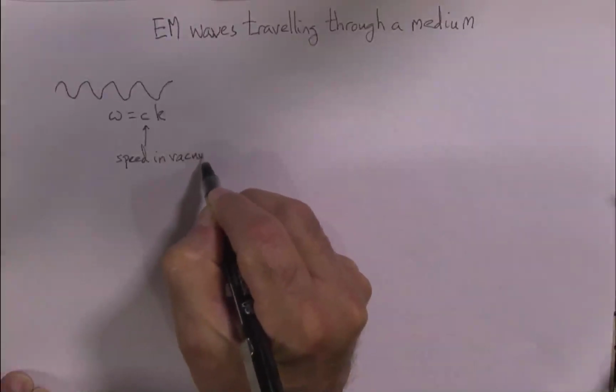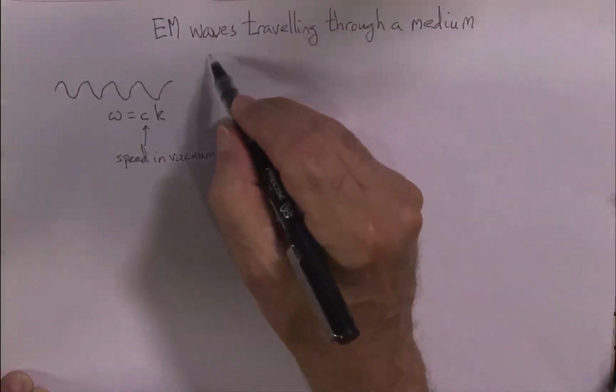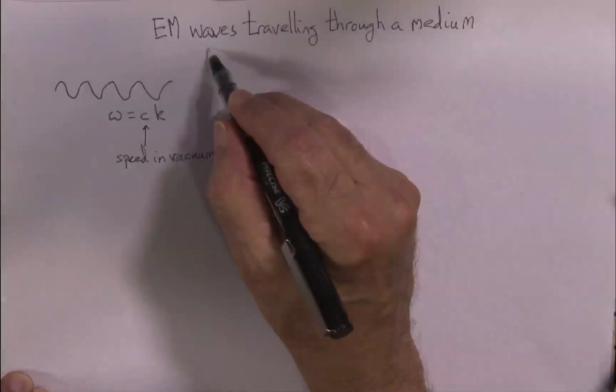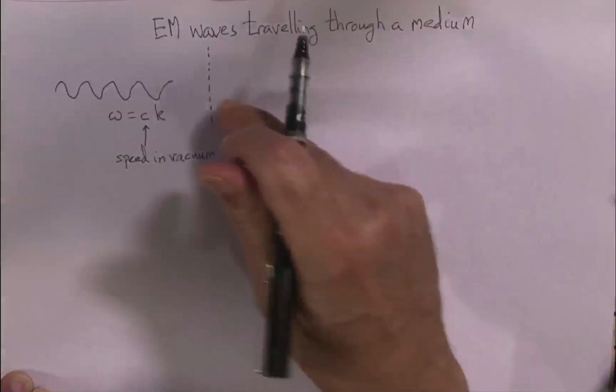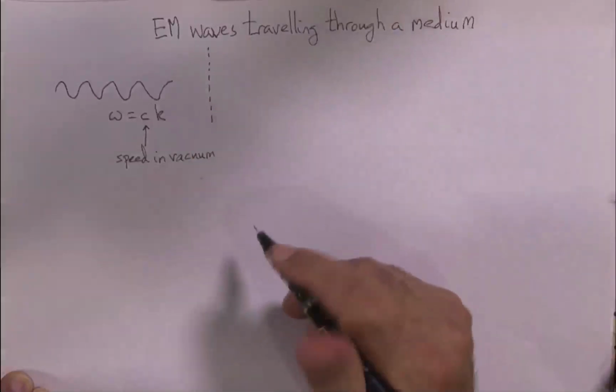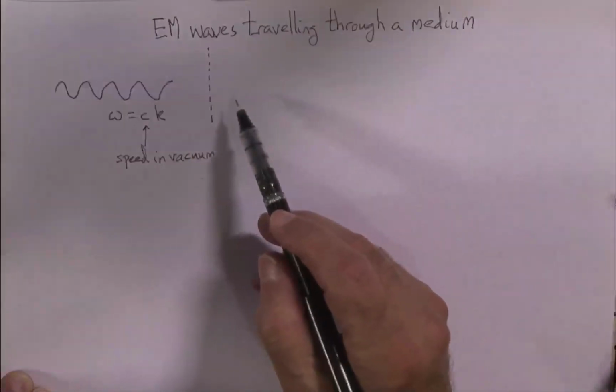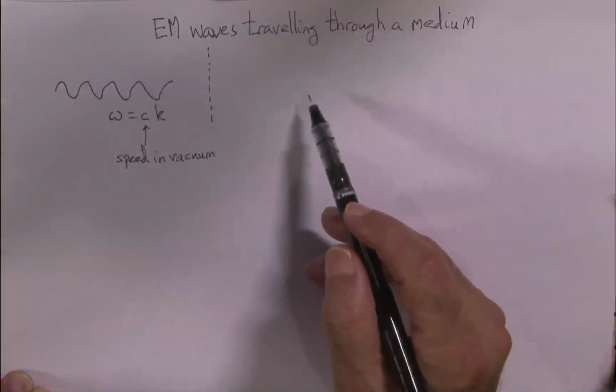Now, suppose it encounters a medium, and the medium begins somewhere over here, and then the wave will go straight through if it is a transparent medium.